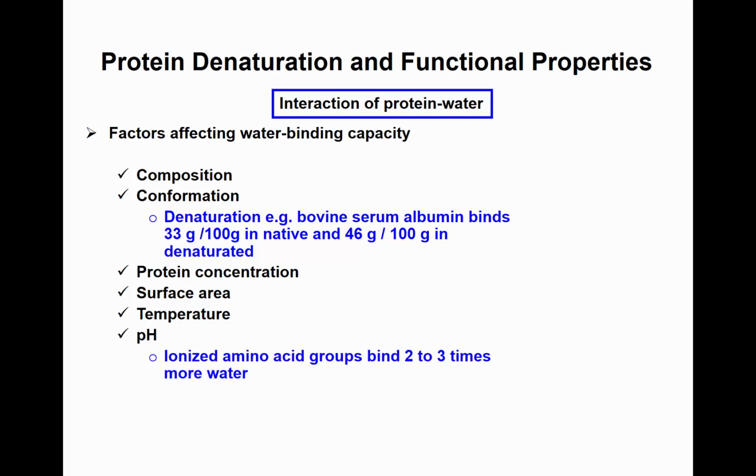pH is an important factor because pH impacts the ionizable groups on the protein. If you increase the charge on the protein by changing the pH, whether higher or lower, you are going to increase interaction sites with water.